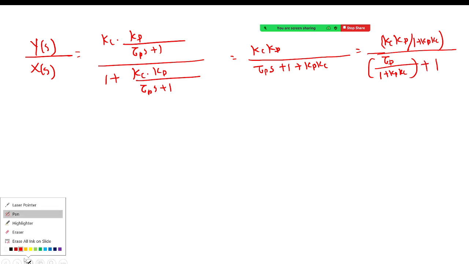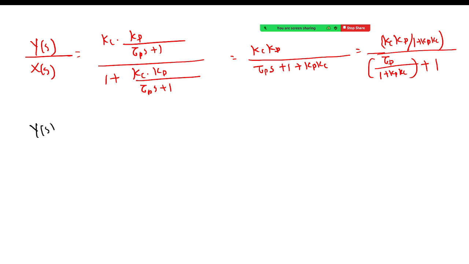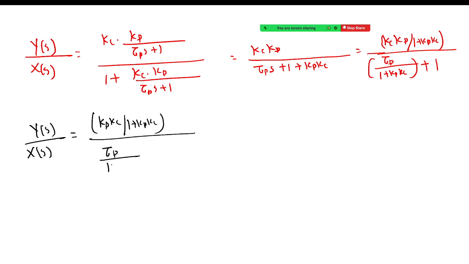So now you can see this is the transfer function, Y(s) upon X(s), equal to KpKc divided by 1 plus KpKc, upon tau P upon 1 plus KpKc times s plus 1.